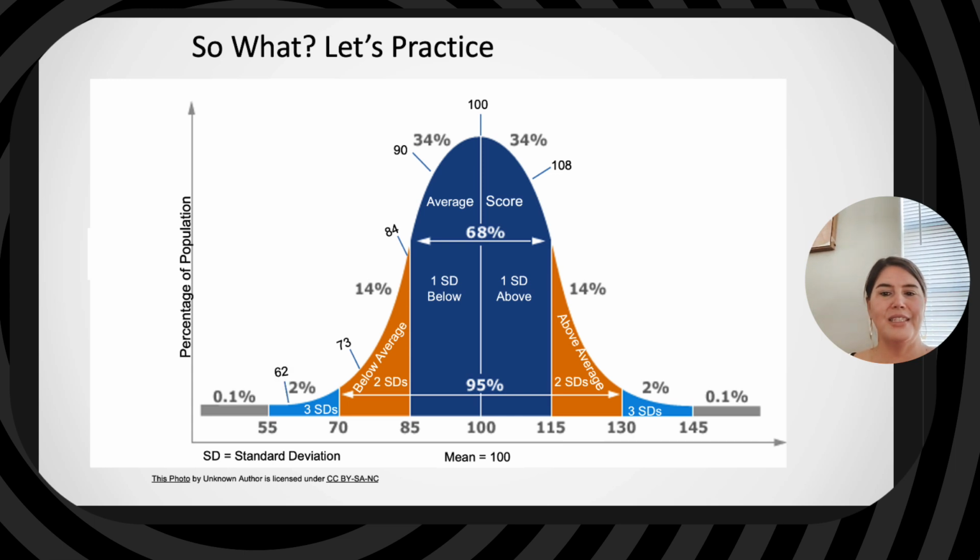Now the student with the 62 should probably already be getting intensive interventions because they're down at the low end of the bell curve and almost all of their peers are performing higher than them. They'll really need some intensive interventions and supports to be able to access that general curriculum. Then over here, with the student with 140, now this person's highly gifted, and in Tennessee, gifted is considered a category in special education.